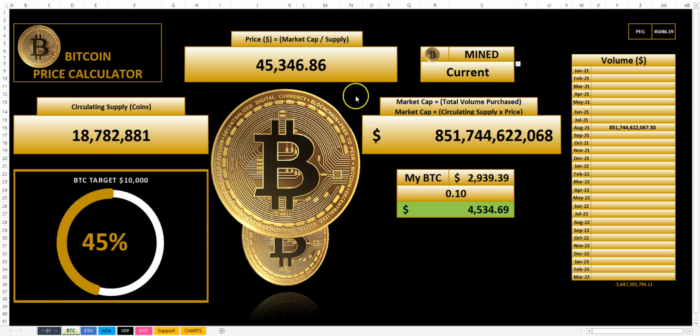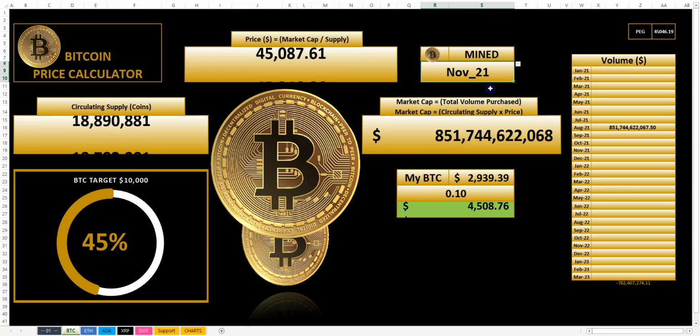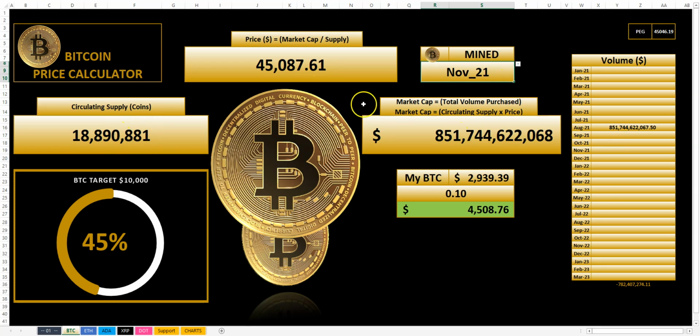Basically, I can predict the price of Bitcoin relative to the circulating supply and the market cap at any given moment. Its biggest difference is that for each particular month, I'm able to predetermine what the circulating supply will be in any forward month, and that helps us to have a future accurate price.